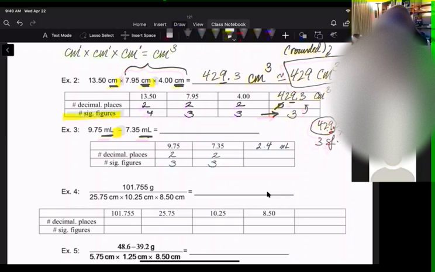Decimal places. That's right, we're going to look at decimal places. So how many decimal places should our answer have? 2. All right, we've got to add a 0. And so how many significant figures are in that answer? 3. So we will write our answer as 2.40 milliliters.